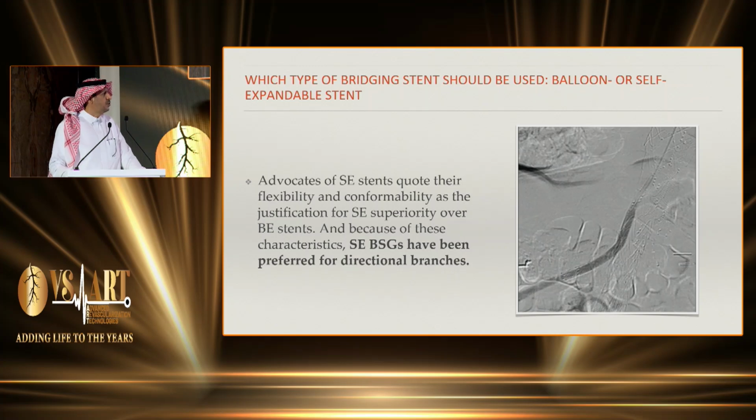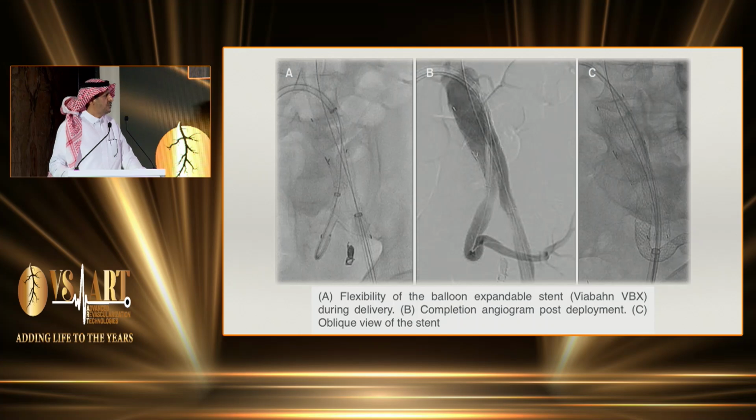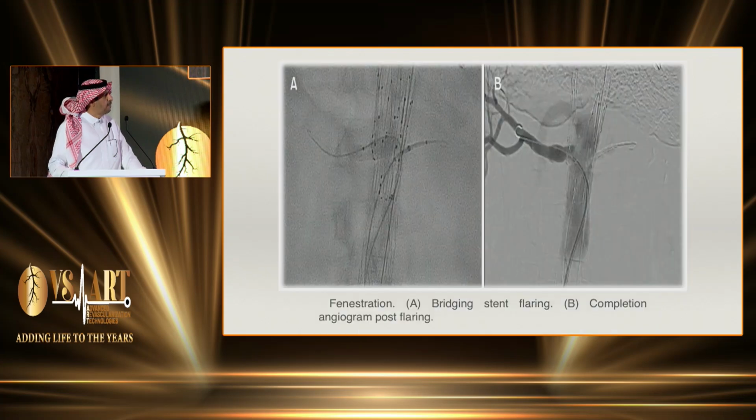So the advantage of self-expandable stents is their flexibility and conformability. Because of that, self-expandable stents have been preferred for directional branches. This also shows the VBX has its criteria for flexibility and can be used safely in tortuous vessels.